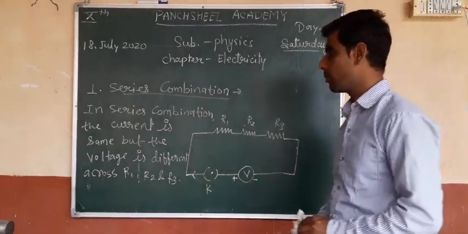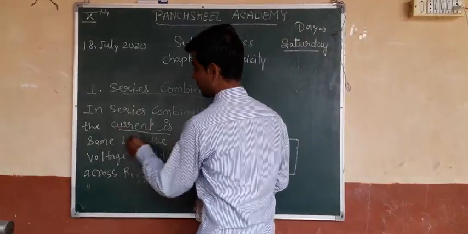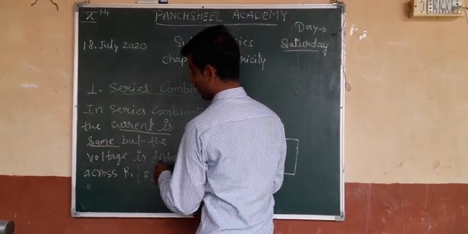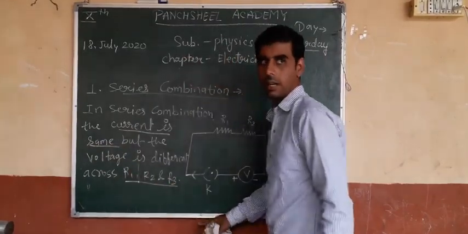This is a very important line. Current is the same and voltage is different across R1, R2, and R3.